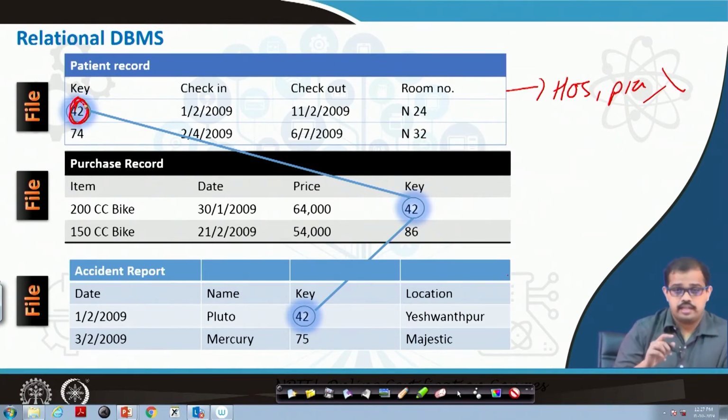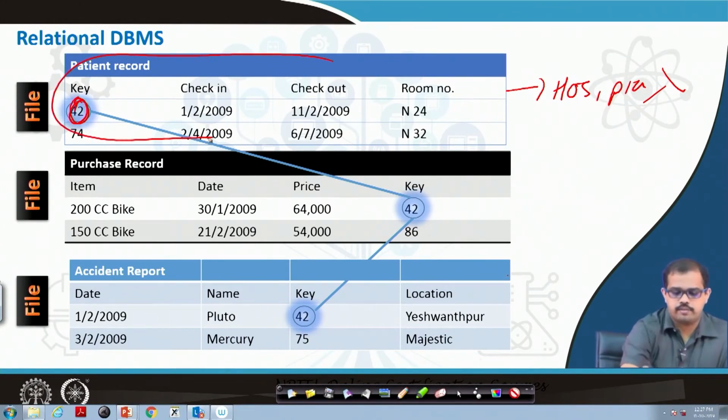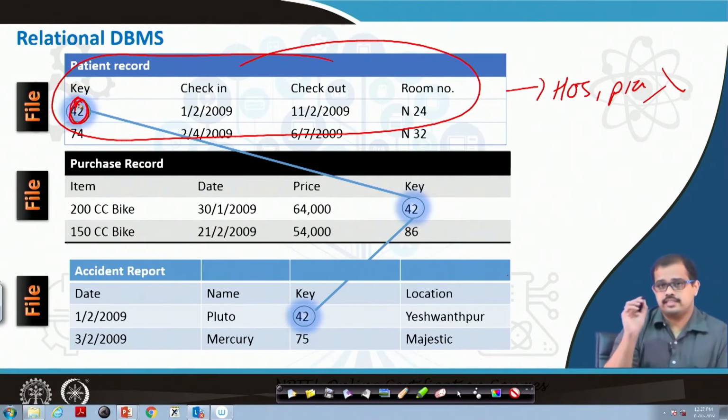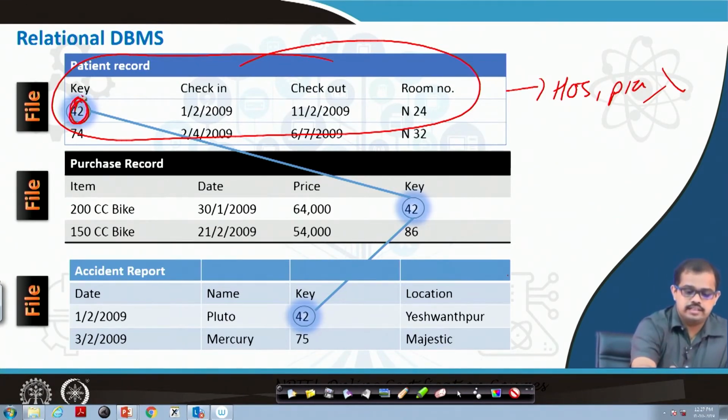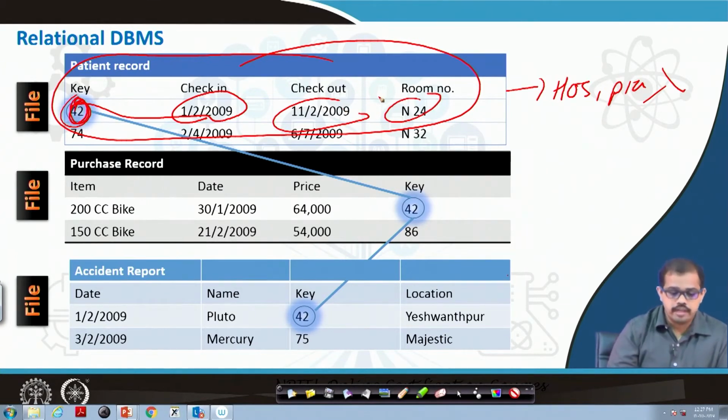The same unique ID, for example, for anyone who is not from the hospital, who wants to look at when the patient came and where he visited, this particular file is quite enough. If that person accesses this database, he can see that patient 42 checked in at this point of time and checked out at this point of time, and this was his room number. So, about 10 days.